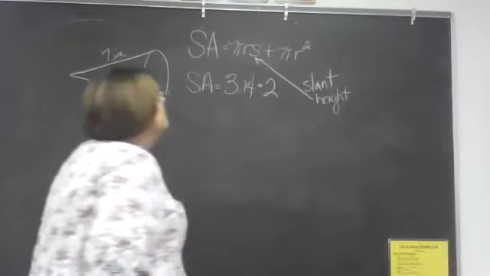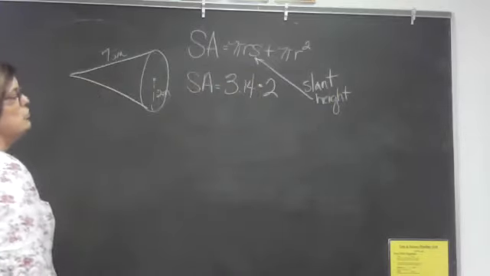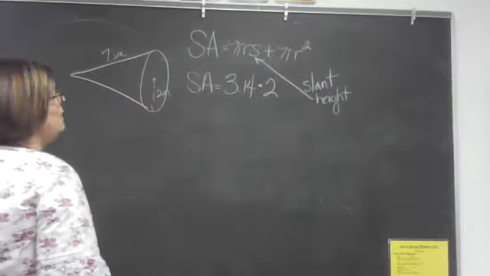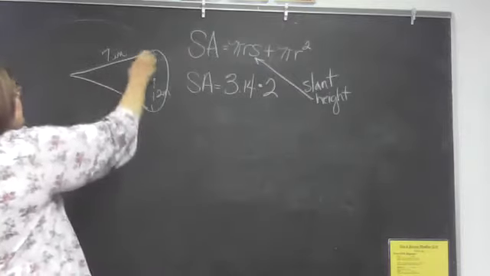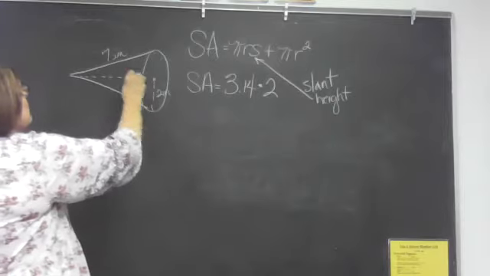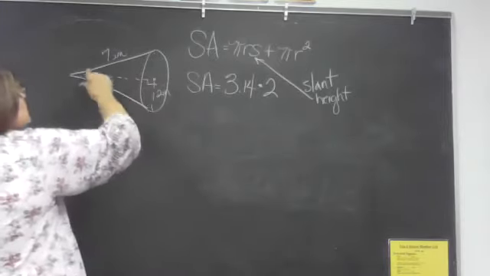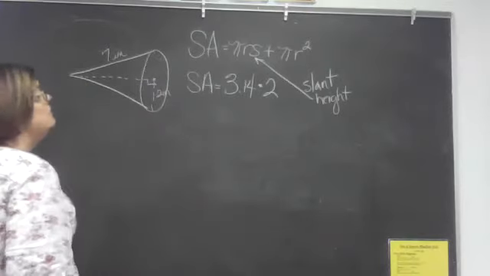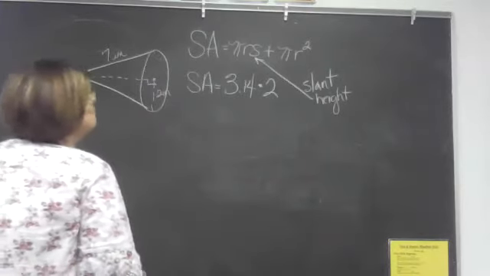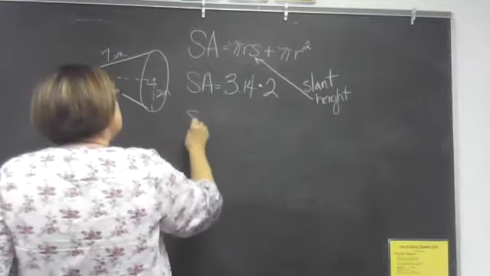This is the one that you guys wanted to try to use. It's the slant height. The height is here. It has to be perpendicular to the base. This is the slant height. And so we get to use 7 here. I'm going to move this down since I made a mess there.